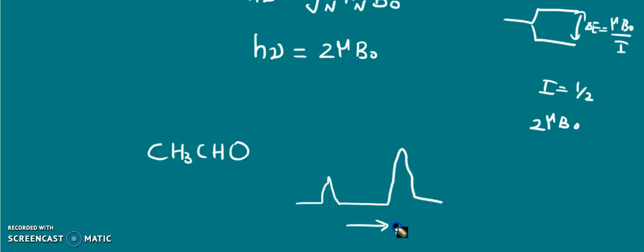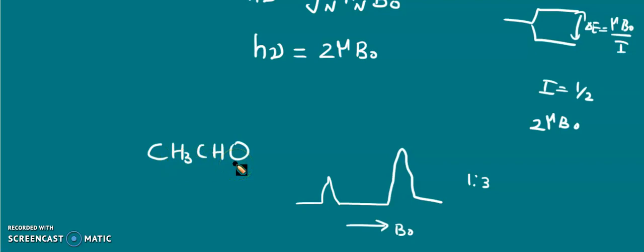If we vary the magnetic field here, the intensities of the first and second are in the ratio 1:3. That means the resonant absorption of the proton in CHO is different from the proton in CH3.